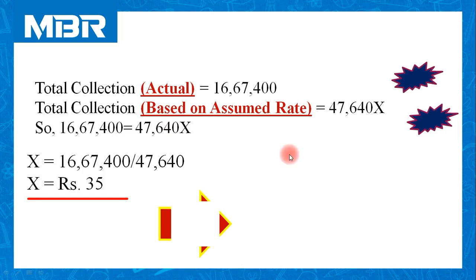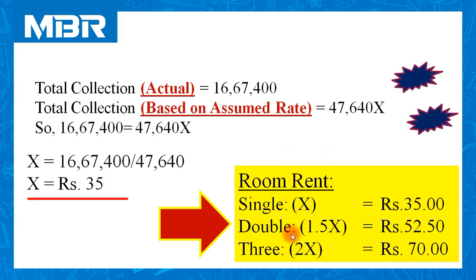The room rent for single room is x, that is 35. Double room is 1.5x, that is 35 multiplied by 1.5, 52.5. And for 3-room suites, 2x, x equal to 35 multiplied by 2 equals rupees 70.